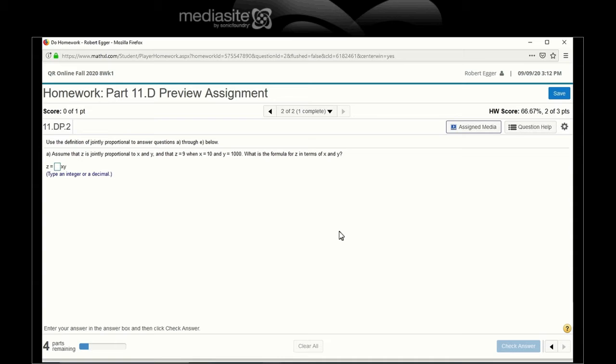Okay. Assume that z is jointly proportional to x and y, and that when x is 10 and y is 1,000, z is 9. What's the formula for z in terms of x and y? Well, when z is 9, some proportionality constant k, x is 10, y is 1,000. So that's k times 10,000.